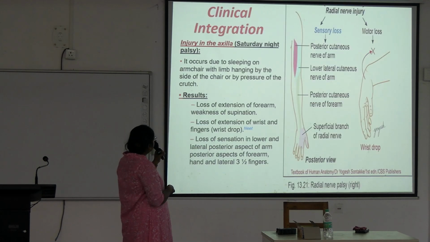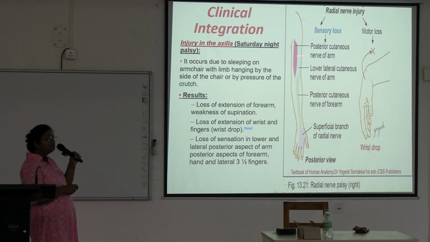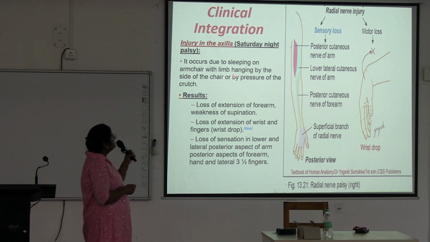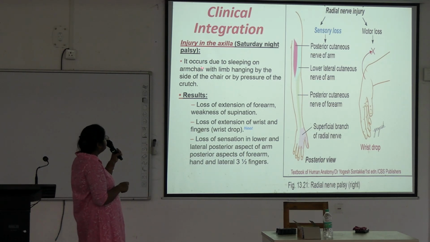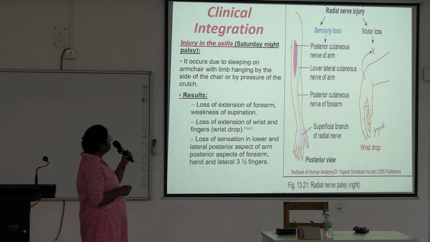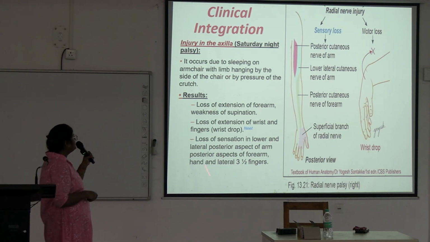So injury in the axilla leads to Saturday night palsy, which occurs due to sleeping on the armchair with the limb hanging by the side of the chair, or by pressure of the crutch. This leads to injury in the axilla. And what are the results?